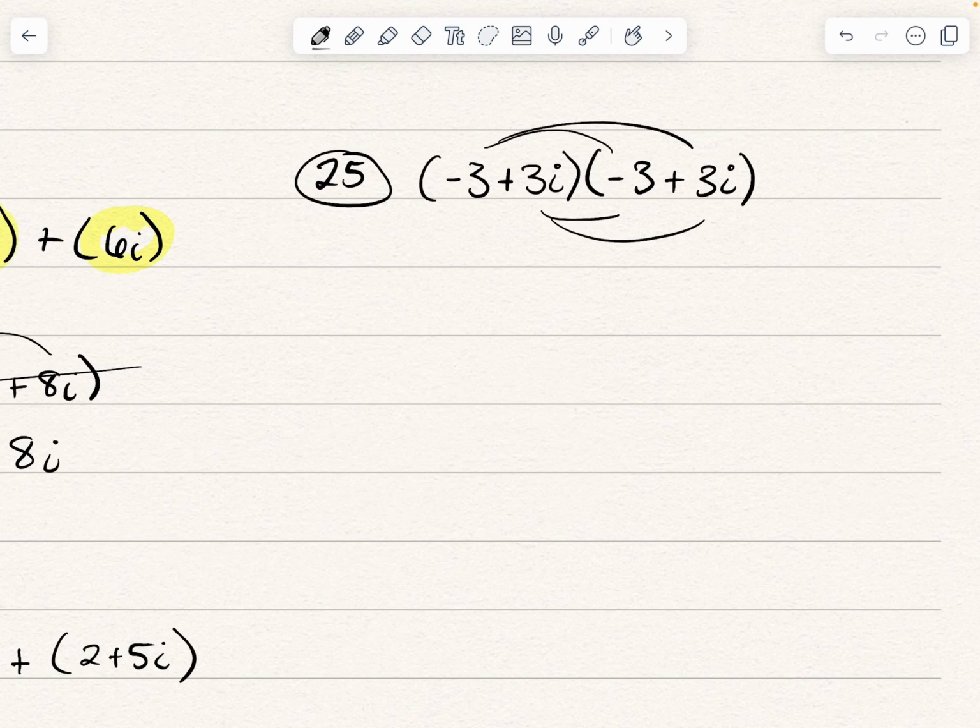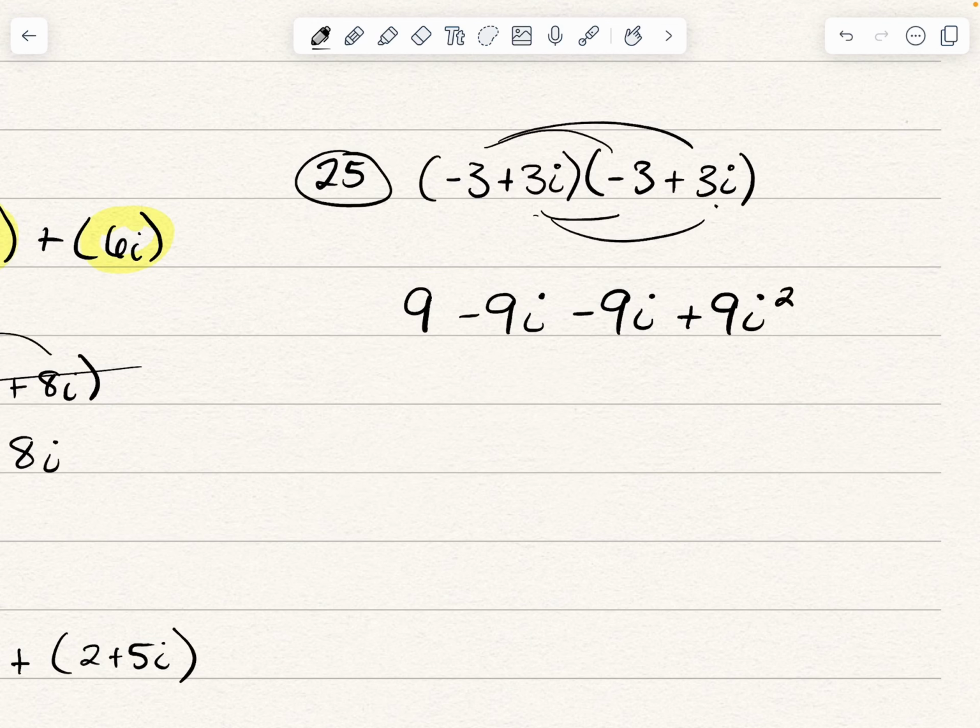But I'm going to just multiply this through. Negative 3 times negative 3 is positive 9. Negative 3 times positive 3i is a negative 9i. Positive 3i times negative 3 is another negative 9i. 3i times 3i is a positive 9i squared.